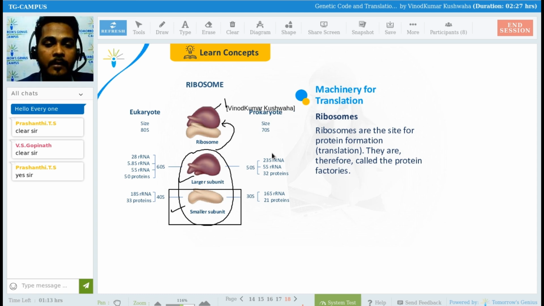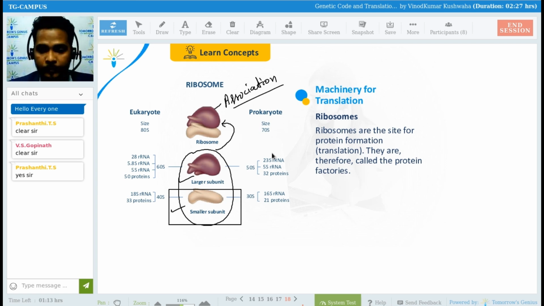So here you can see the association of small and larger subunits. Now, magnesium is essential for it. Magnesium is very important, that is Mg2+.